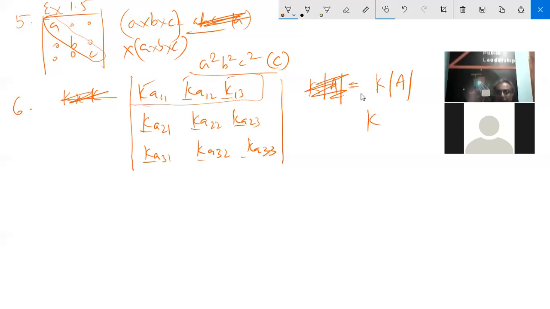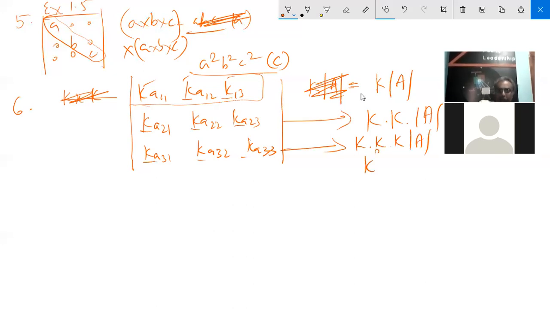So you will have to take K into A, and again K into A, and it will become K cubed into A. That is 6 sum.